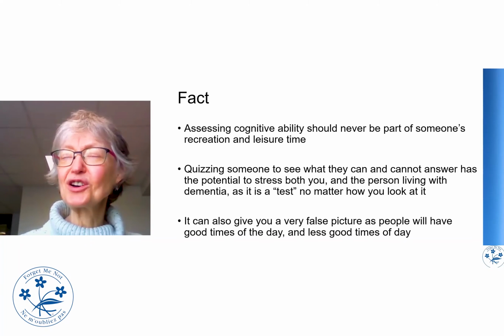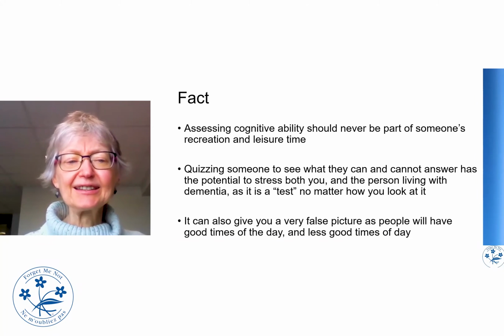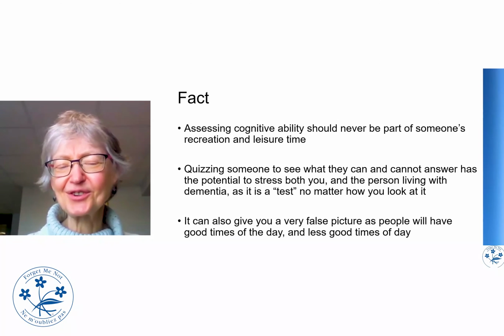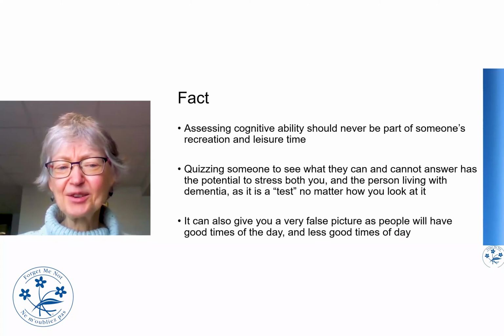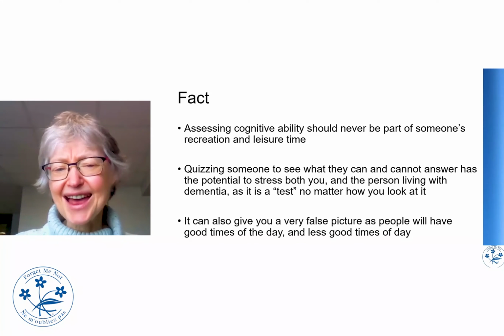And this is talking about how we're going to engage conversation to be supportive to people. So we don't want it to be a quiz, because quizzing somebody to see what they can and cannot answer, well, it has the potential to stress both of you. And the person living with dementia, they recognize it's a test, no matter how you look at it.